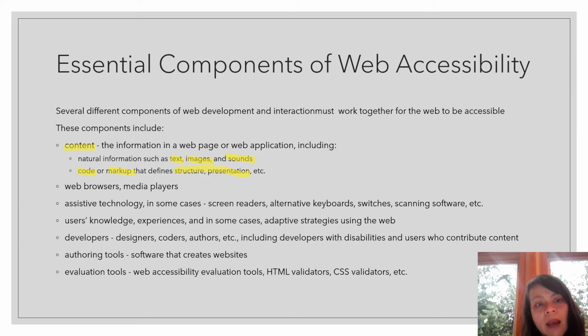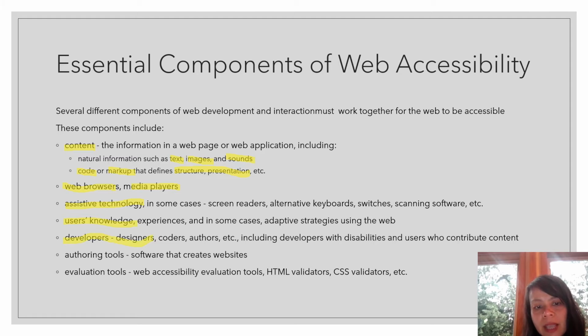Another component is web browsers, media players, and assistive technologies such as screen readers, alternative keyboard switches, scanning software, and so on, plus users' knowledge, experiences, and in some cases adaptive strategies using the web.